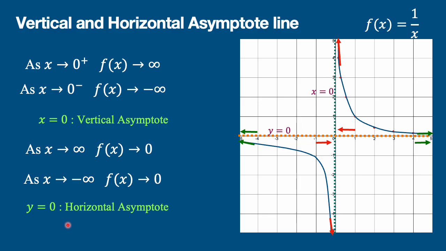We call it the horizontal asymptote line. Simply, the graph gets close to a vertical or horizontal line. We call them vertical asymptote and horizontal asymptote. But the horizontal asymptote represents end behavior. You should remember that.